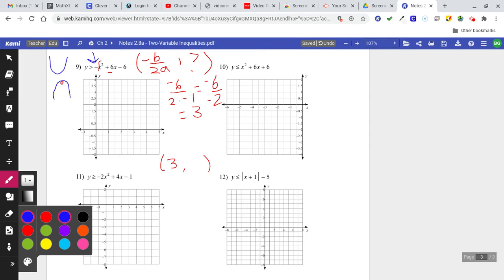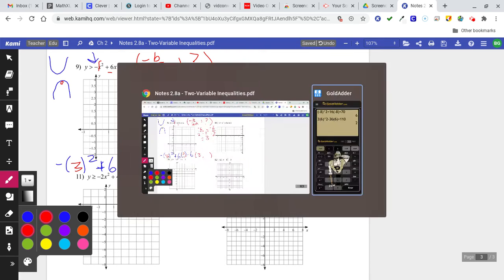And you have to take that 3 and plug it into your equation. So the equation says negative something squared plus 6 times that something minus 6. And we plug in our 3. By all means, use a calculator here.